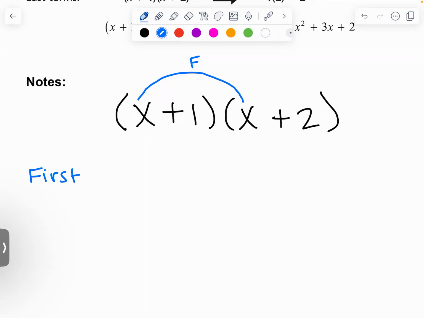So when we do this first product right here, what's x times x? X times x is x squared. Yes, it is. Just like 3 times 3 is 9.